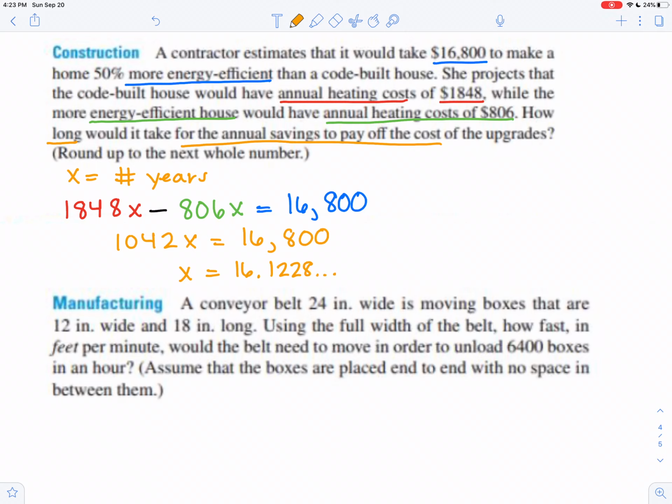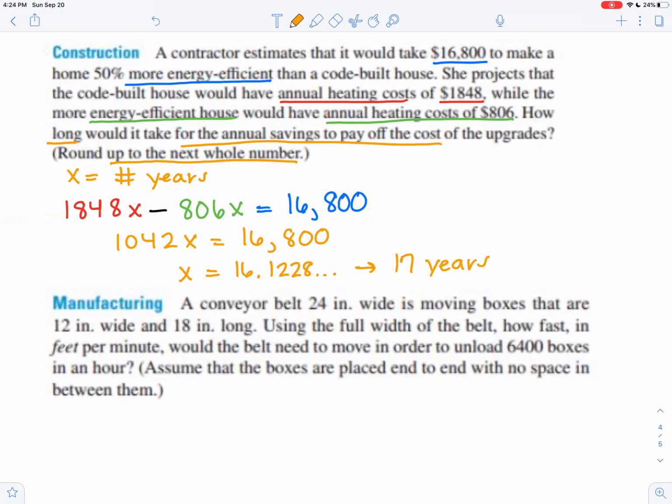Notice this says round up to the next whole number, because if it takes 16 and some part of a year, then it's going to take 17 total years to make up for the cost of performing the upgrade. In 17 years, the amount we have saved on heating costs will equal or be better than the amount that we paid to make the home more energy efficient.